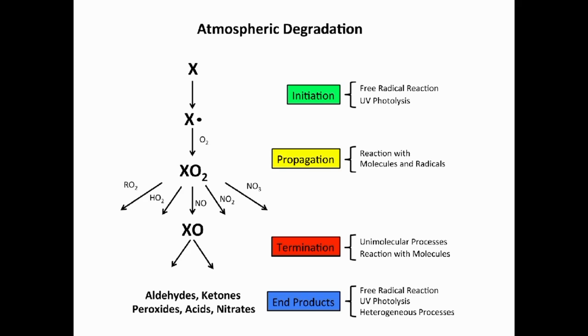You can react lots and lots of different times with other interconversion of radical species and end up with termination to something like an oxide. And the end products can be something like aldehydes, ketones, peroxides, acids, and nitrates.